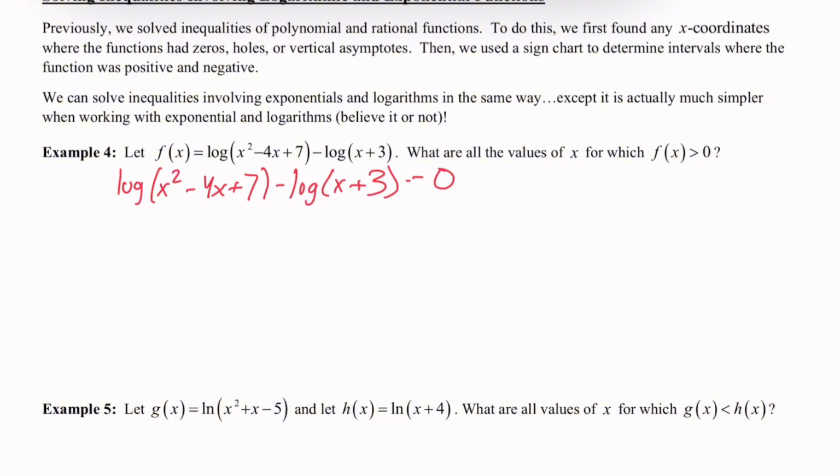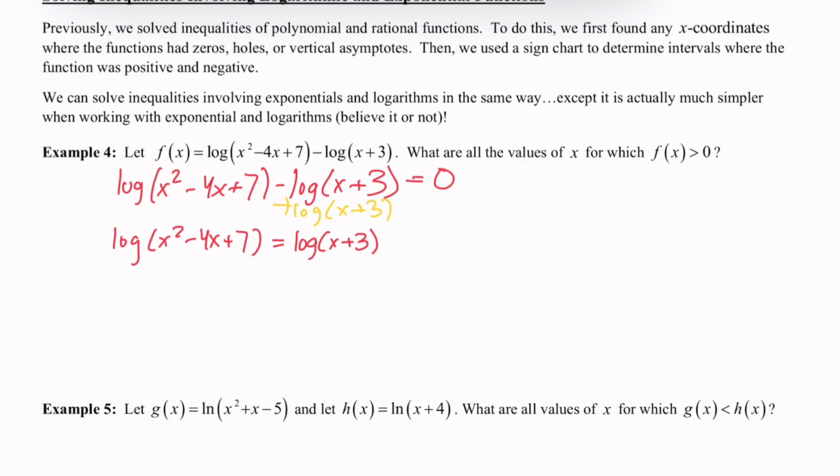But now because there are two separate logs, I can add this one to the other side. So I'm going to go ahead and do that. All right, and now we have them equal to each other.